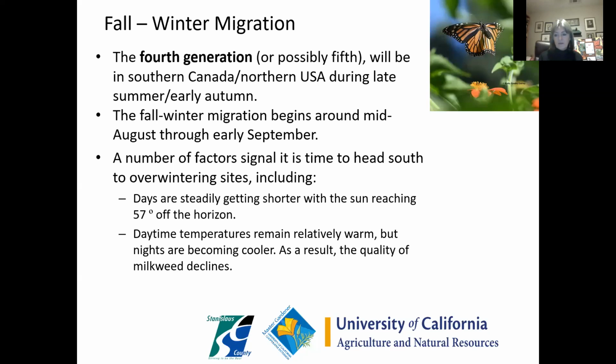Sometimes the milkweed is starting to die off. If they can't find the food and it's getting too cold, they know they have to move. And so there are all these signals to them about when to migrate. They just instinctively know. But they have to have milkweed if they're going to reproduce. So if there's no milkweed, they know they can't keep laying eggs and that they should migrate.